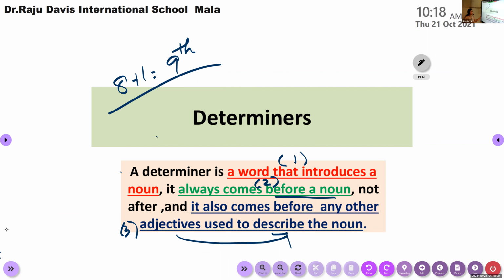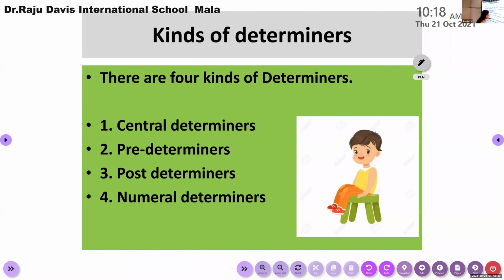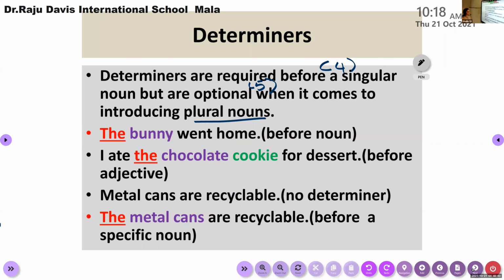Point number 3, it also comes before any other adjectives used to describe the noun. Point number 4, determiners are required before a singular noun. Point number 5, but they are optional when it comes to introducing plural nouns.